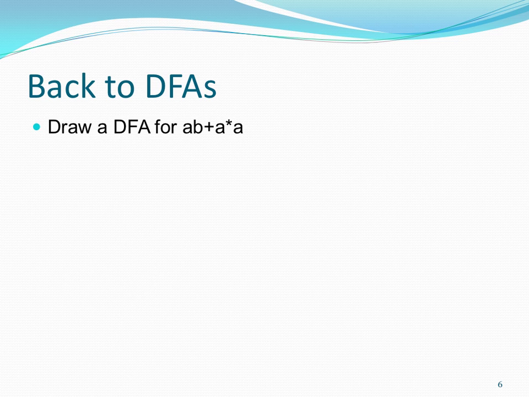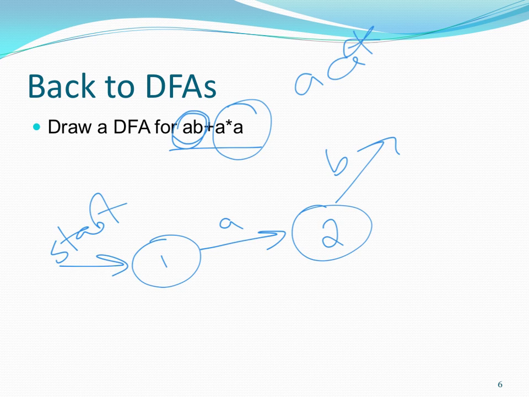And after that, maybe I see an A and then a B, in which case I accept. That's state 3, right? So that gives me this AB part. Or maybe I see this A star A, which we said is the same as AA star, an A followed by 0 or more A's.